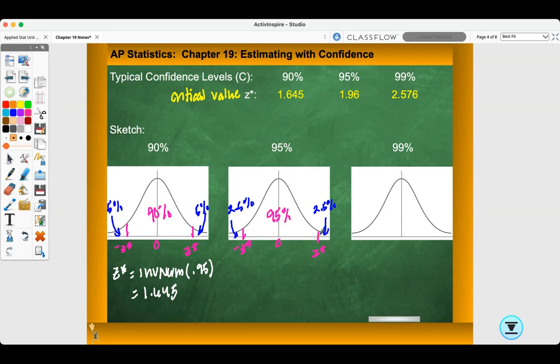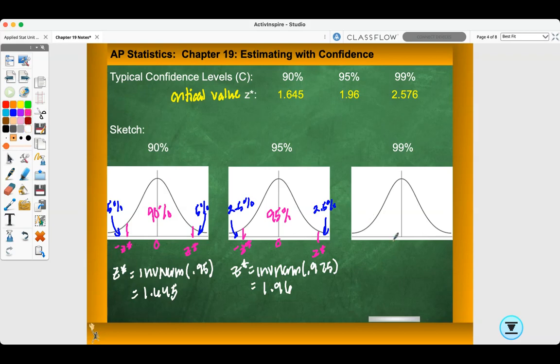Remember, we're finding the area from Z star all the way measuring from the left. So Z star here would be invNorm of 0.975, and that would give you 1.96.